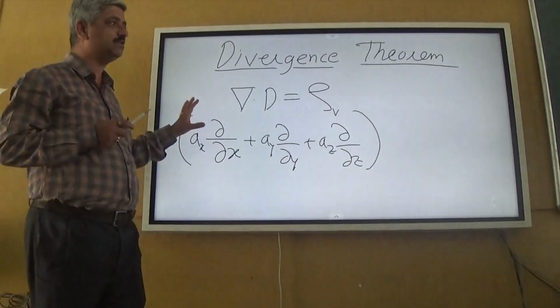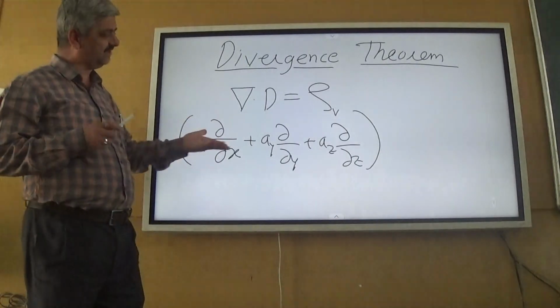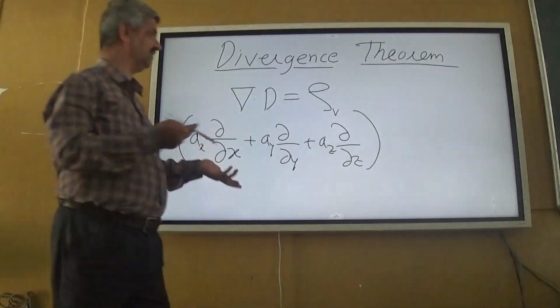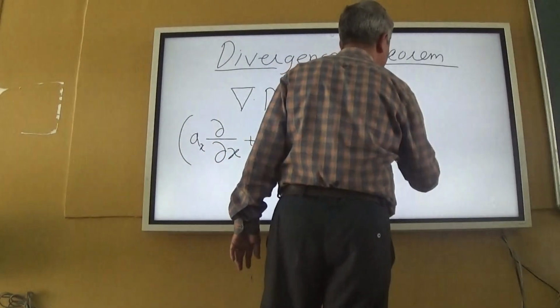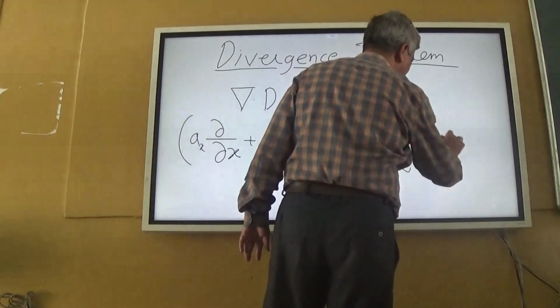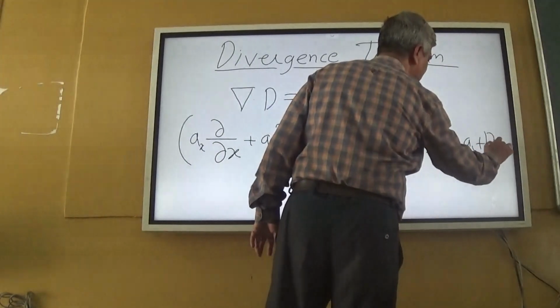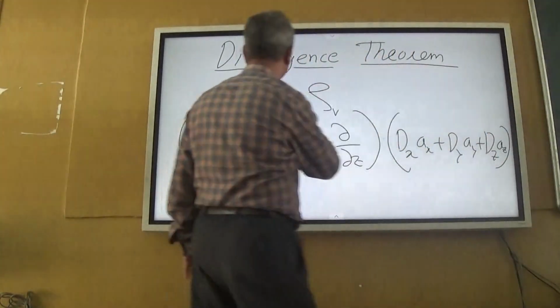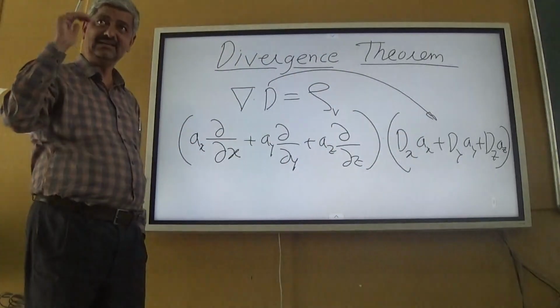when I say its dot product with D, it is Dx, the x component, ax, plus Dy ay plus Dz az. So this is a vector D, that is the electric flux.